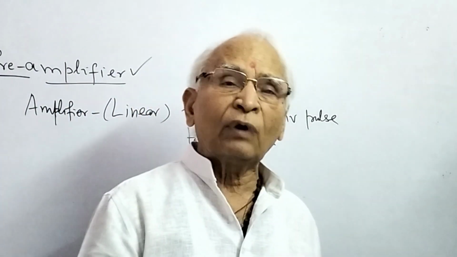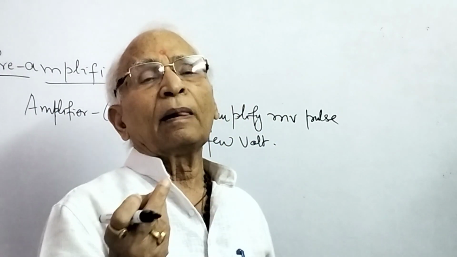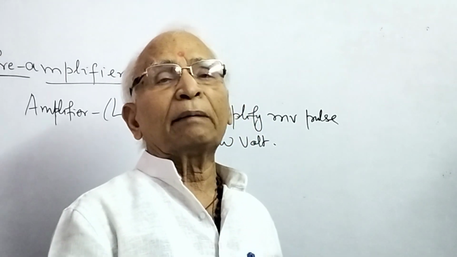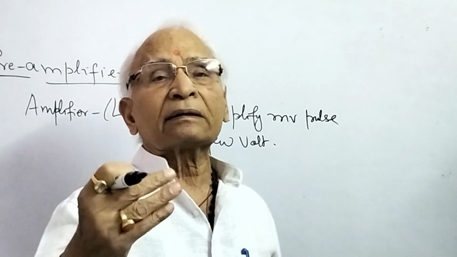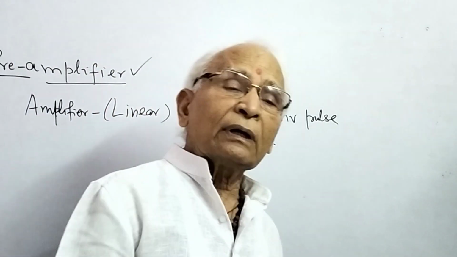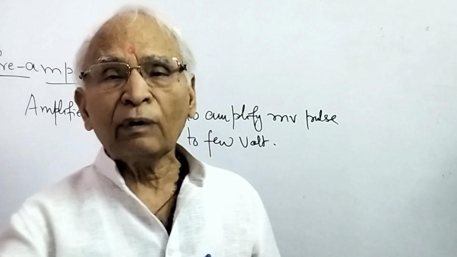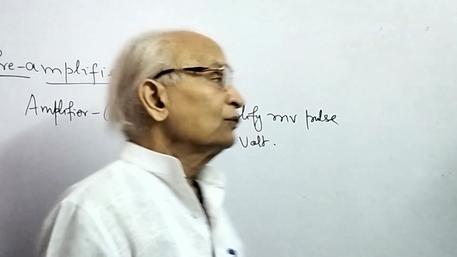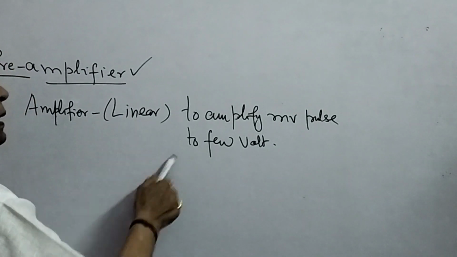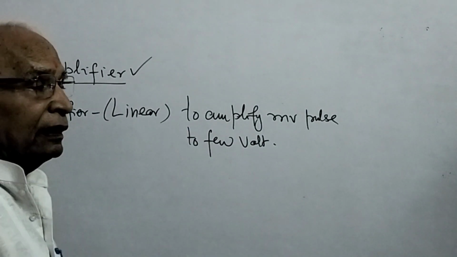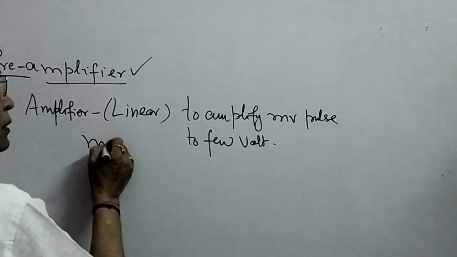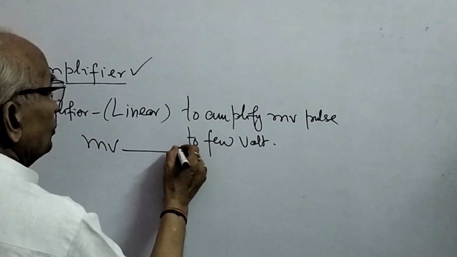The first amplifier has, say, an amplification factor of 10, so a 1 volt pulse gets multiplied by 10 to 10 volt, the next gives 100 volt, and the next 1000 volt. You can have 2, 3 or 4 stages, so that we get a millivolt pulse amplified to volts.